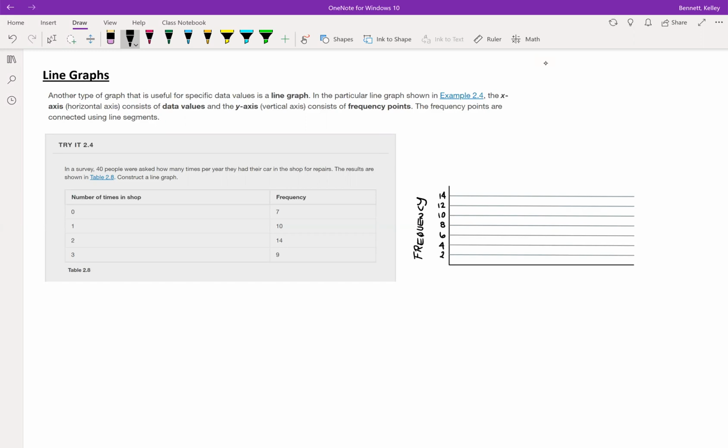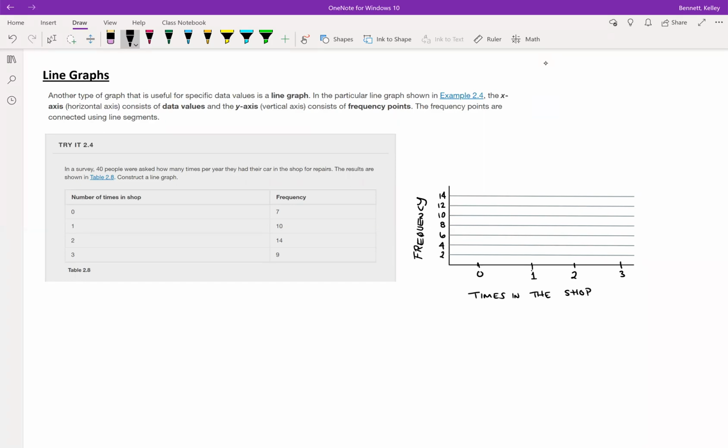And then the number of times in the shop. I need something for 0, something for 1, something for 2, and something for 3. So this will be times in the shop: 0, 1, 2, 3.